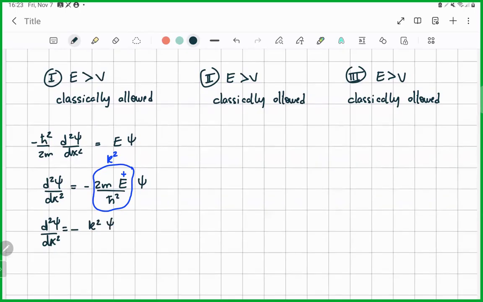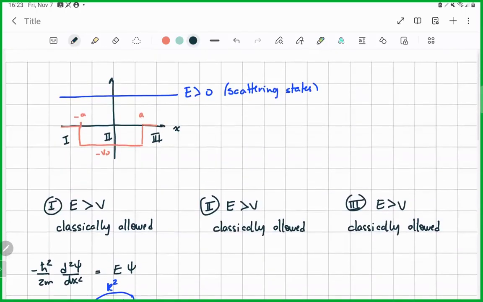And what is the solution for that? What are the functions that I derive twice and I get this minus sign? A sine, a cosine, or an exponential with i. Now, this region that we are talking about is this region here, where the motion could have started in minus infinity.